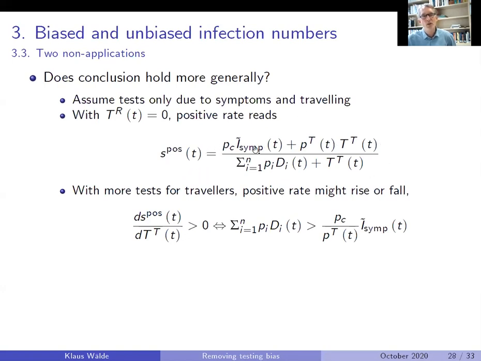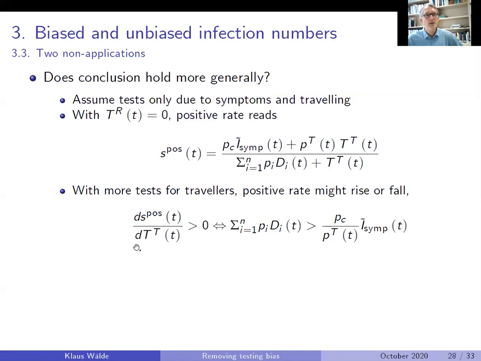We saw this earlier: reported infections because people have symptoms, and reported infections because people come back from some other country, some other region, and they undertake a test, and the test is actually positive. And we divide this by the number of tests that are being undertaken, so all the tests because of symptoms, and the tests because travelers are being tested.